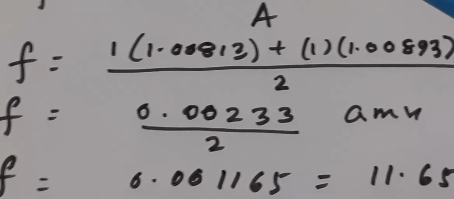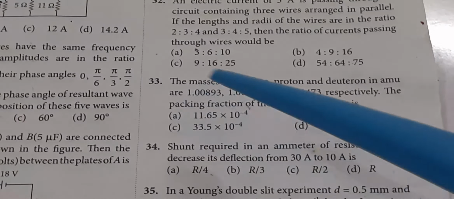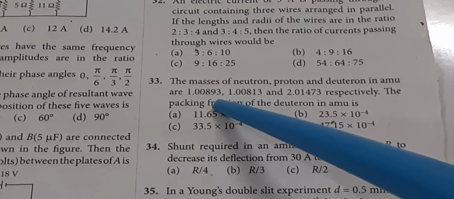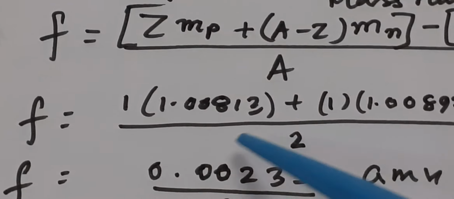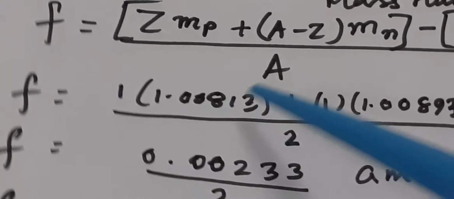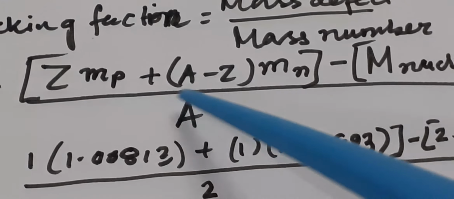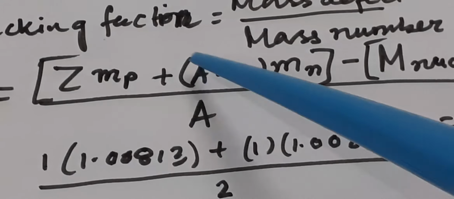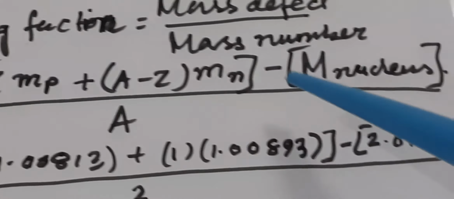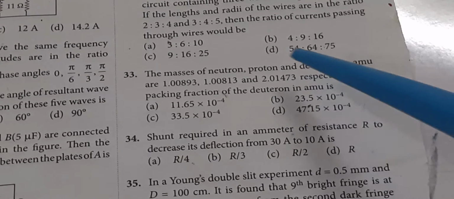Now you know that. We can put in all the data that are available. You can see this is given here. For neutron it is given, for proton it is given. 1.00813 is for proton, this is for neutron. A minus Z will give the neutron number, so mass of neutron multiplied by 1, plus 2 minus 1, that means 1 into this one, minus the nucleus of deuteron, which is also given, 2.01473.